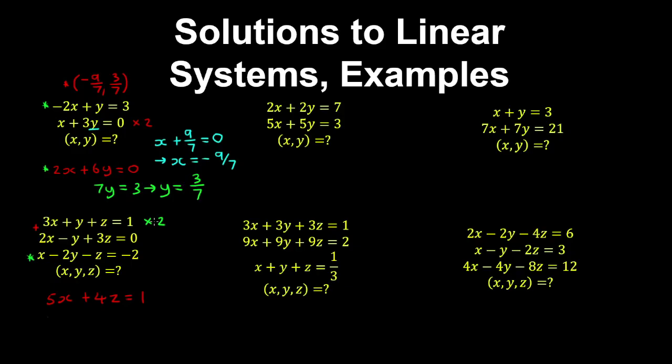So what we have is 3x by 2 is 6x, plus x is 7x. And then we have 2y minus 2y is 0, and 2z minus z is z. And on the right hand side, we have 2 plus minus 2, which is 0.